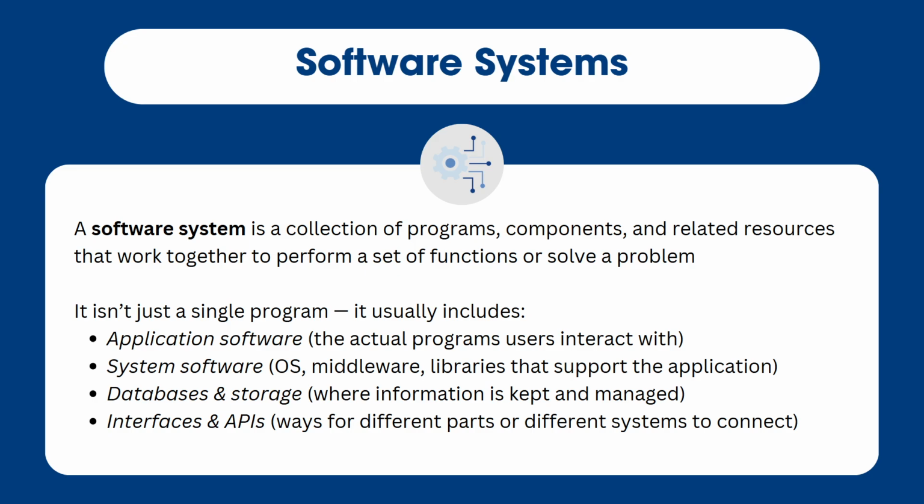And then we have interfaces and APIs. It turns out that rather than building everything from scratch, you can get pre-built items. Let's say you were cooking a meal. Sure, you can make everything from zero, or you can buy some of those ingredients from the store, so you don't have to do everything yourself. The same case is true for building software.